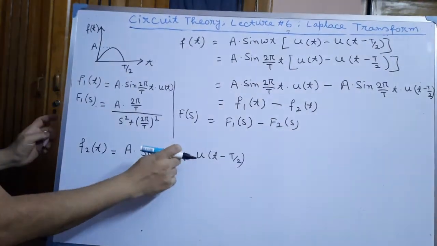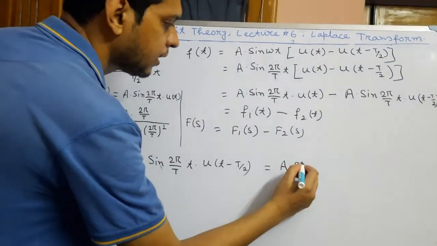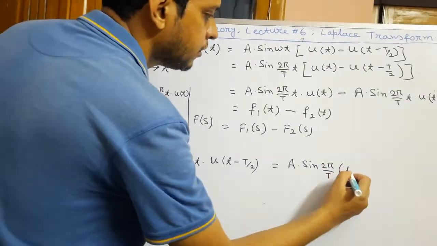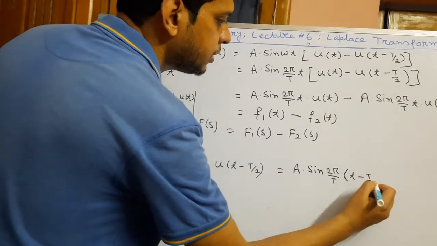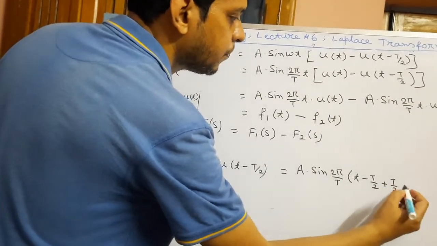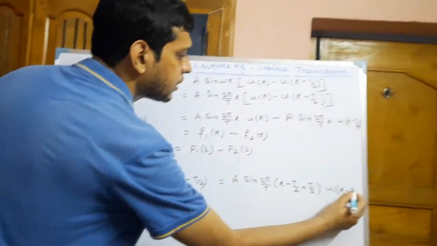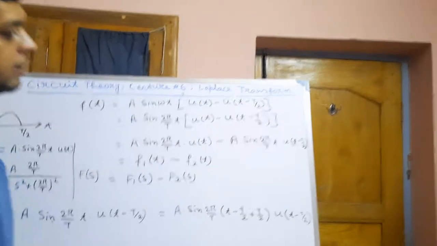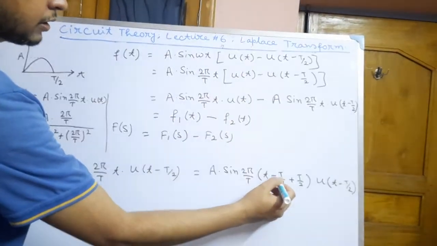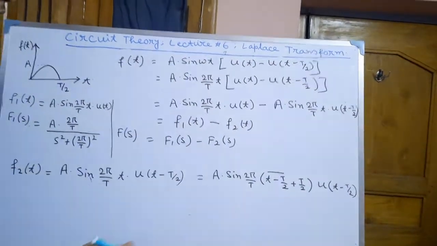Now let us write t as (t − T/2) + T/2, multiplied by u(t − T/2). I did this operation in the previous example.